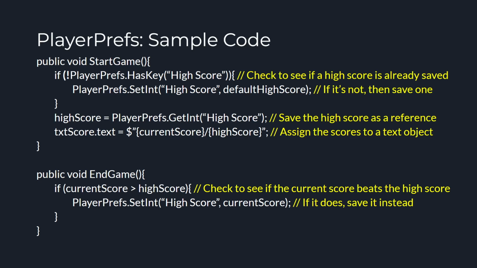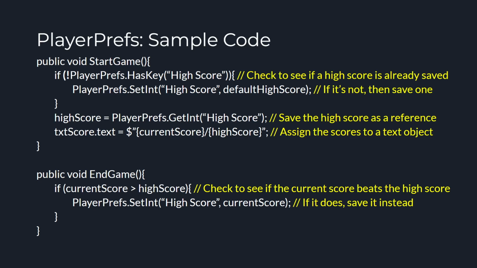And then it says, all right, let me read in whatever the high score is, and I'm going to put it in the text of some object on the screen. This is a little bit of a fancier way to form strings as part of this assignment here. We haven't really seen that before. I'll leave it there as an example.